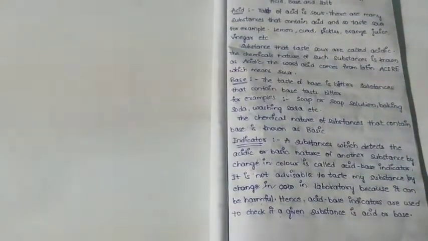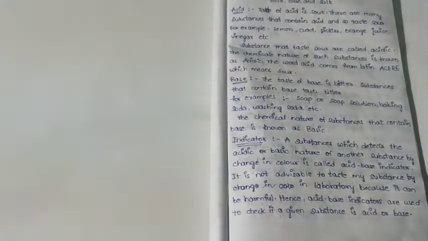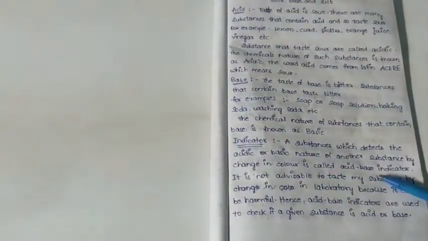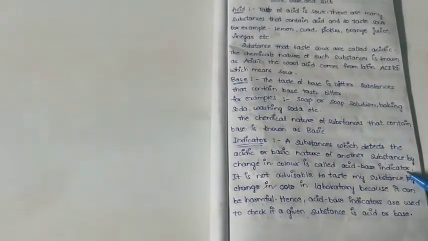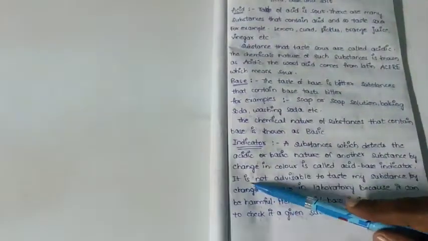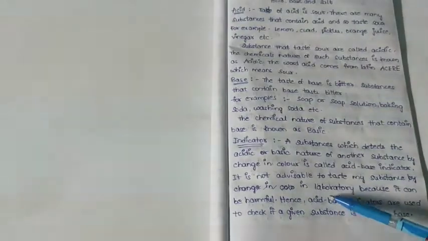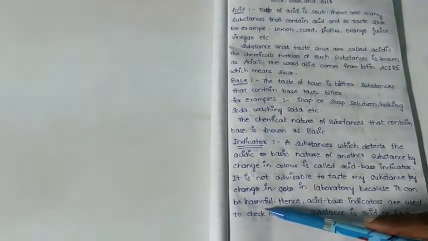Based on that only we can divide substances into acids or bases. Once again I am repeating: a substance which detects the acidic or basic nature of another substance by change in color is called an acid base indicator. It is not advisable to taste any substance in the laboratory because it can be harmful.